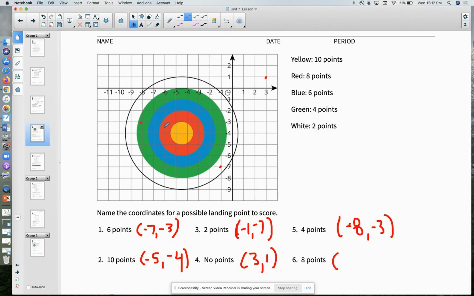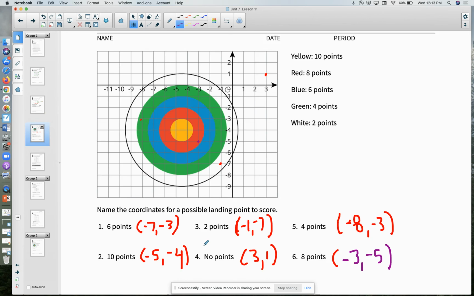So you got a few reds here. I'm going to say right here, -3 and -5. So it can be anything you want. Just make sure that you have it in the right color.